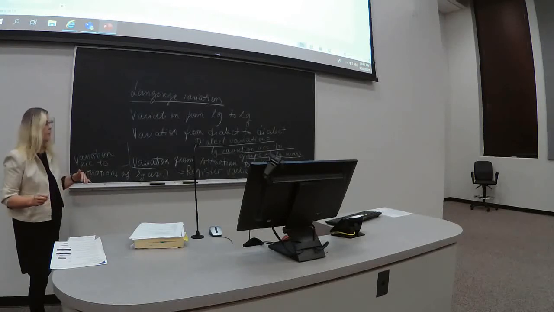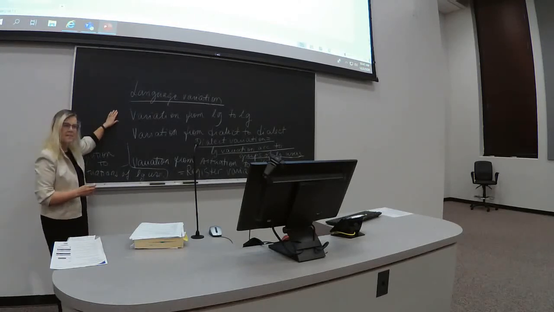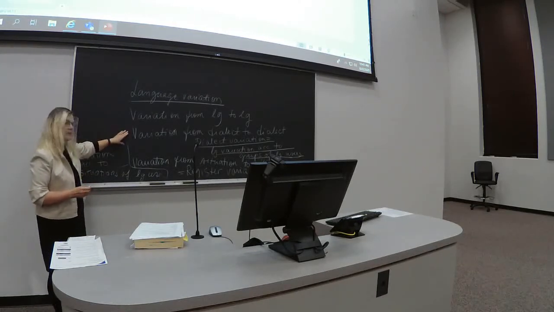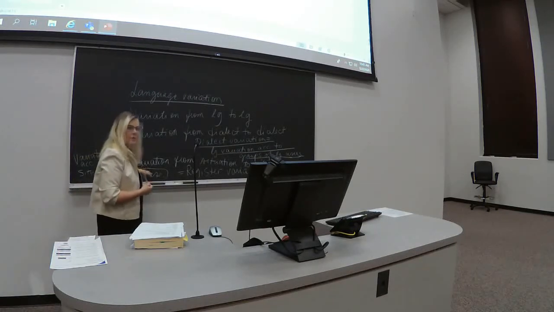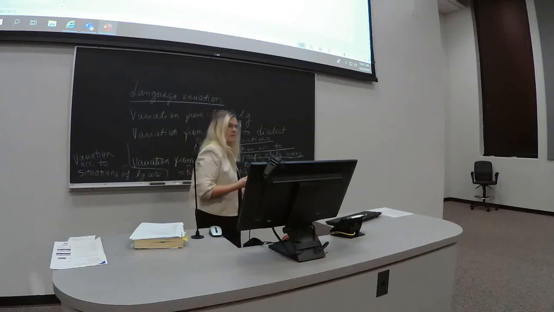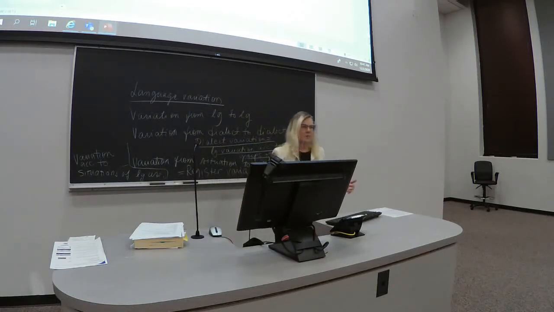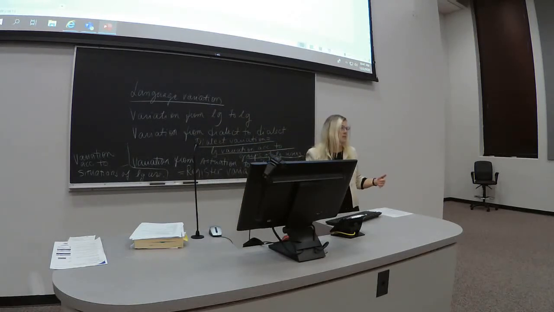So everybody speaks some language, everybody speaks some dialect of that language, but all of us vary slightly, sometimes not so slightly, in how we speak depending on the situation of language use.